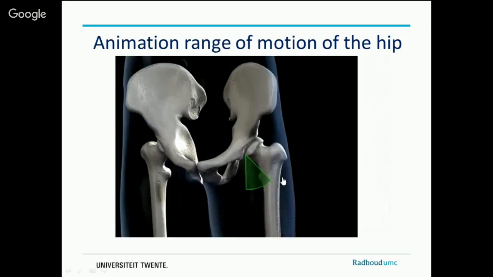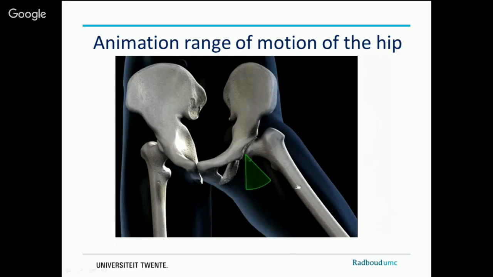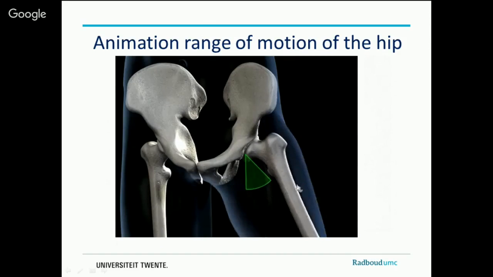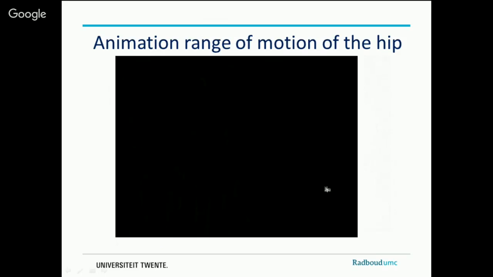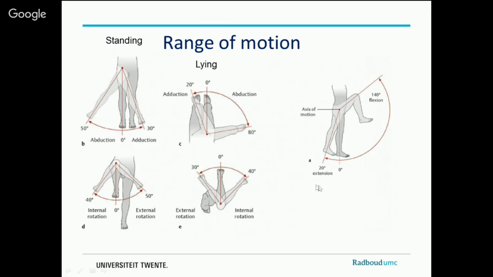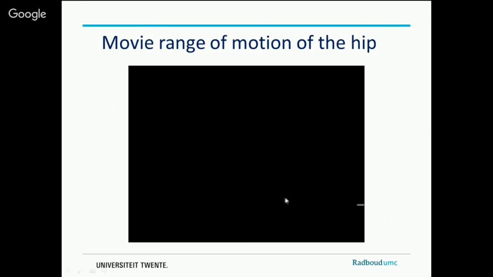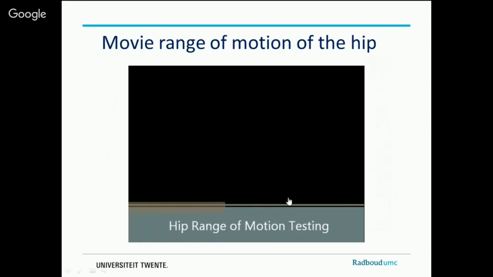And this is abduction, and this is adduction. The adduction is usually very small. Professor Gupta already indicated how you can measure that, and I think I can summarize this by going to the next movie of an actual assessment.